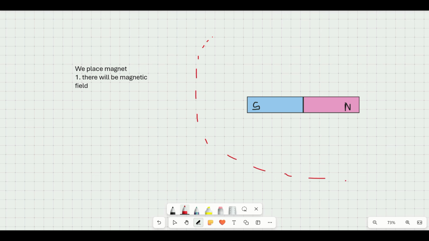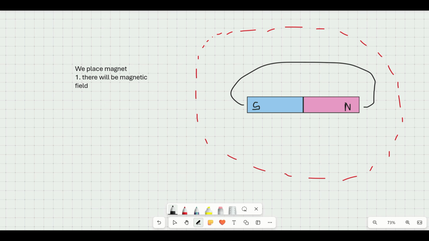Also, in exams a question may come to draw the magnetic field and not the magnetic field lines. Many students make the mistake of drawing the magnetic field lines, but the question is actually asking to draw the circular field around it. So the magnetic field is a circular, virtual, meaning imaginary, field around the magnet.